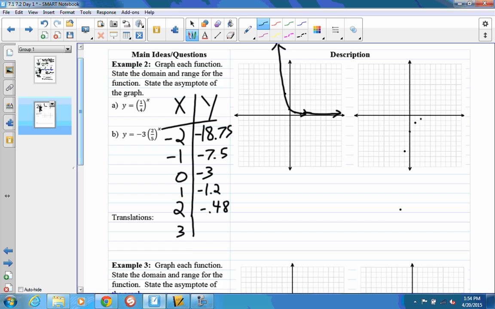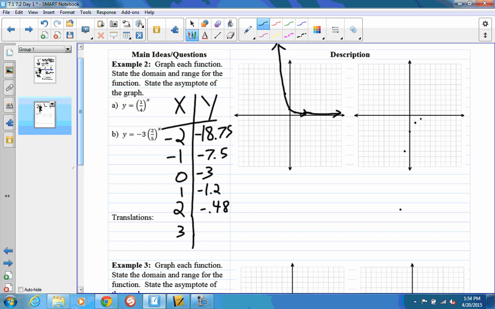Plug in 3. Plug in 3 and tell me what you get. Yeah, so you'll see that in the next step down here on the graph. Why that is. But for now, plug in 3, tell me what you get. Lauren, what'd you get when you plugged in 3?